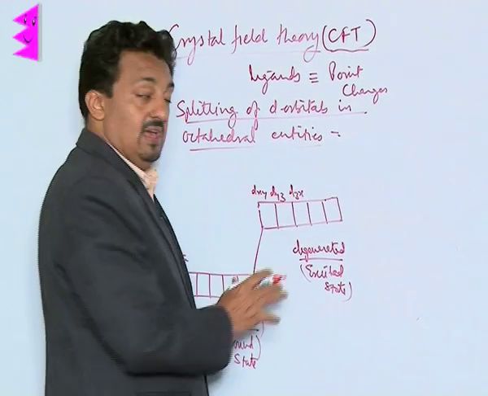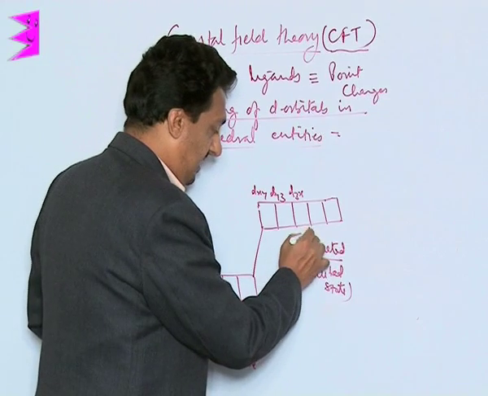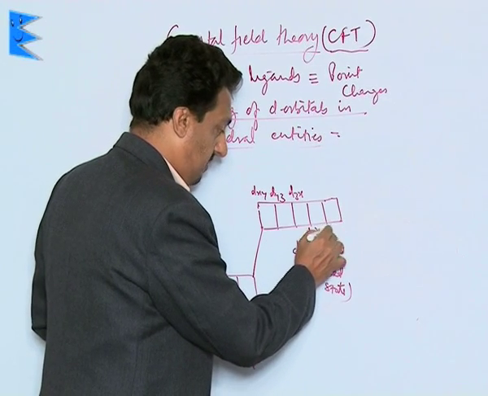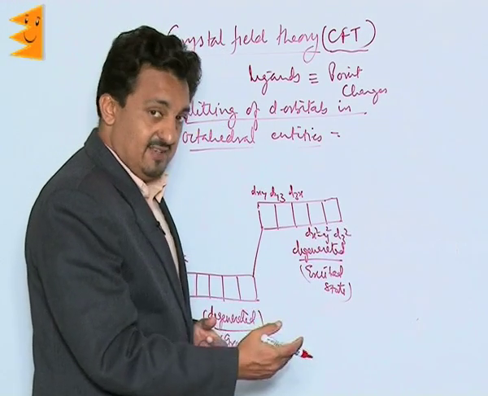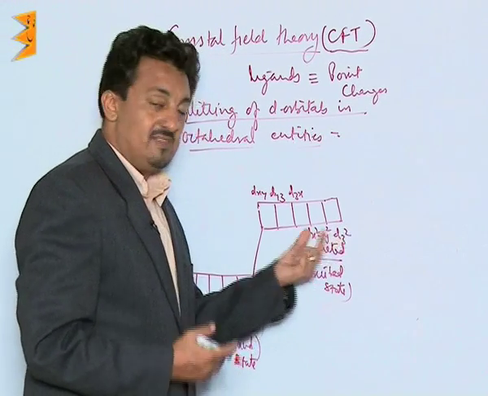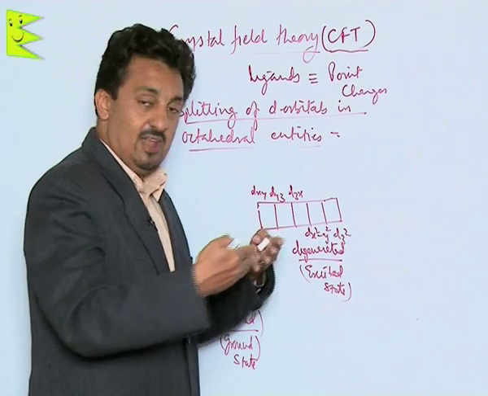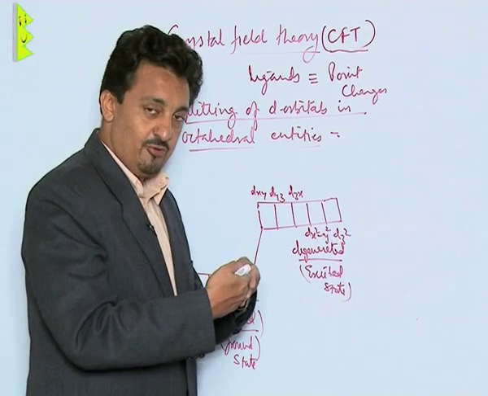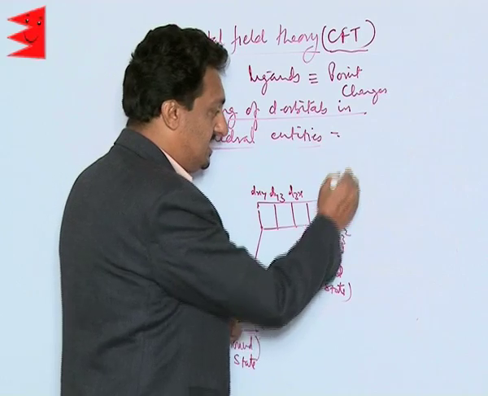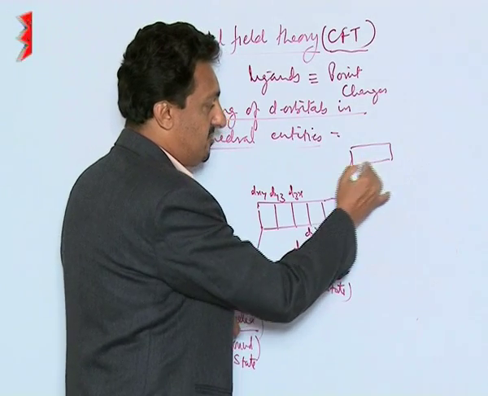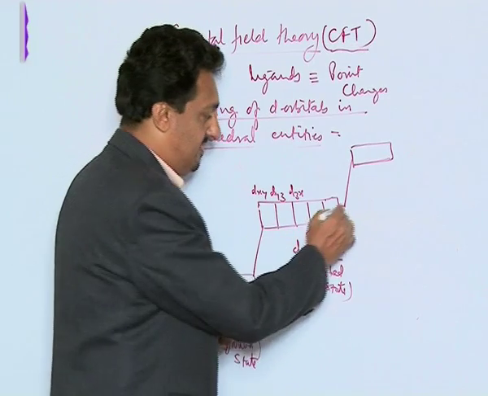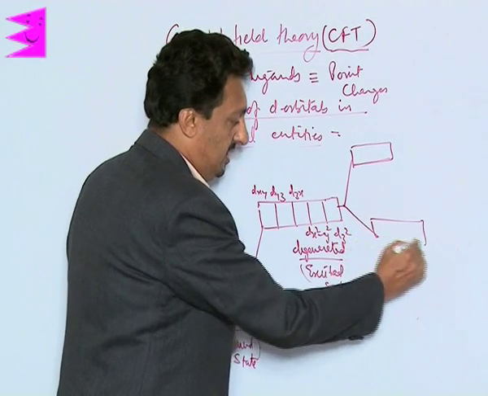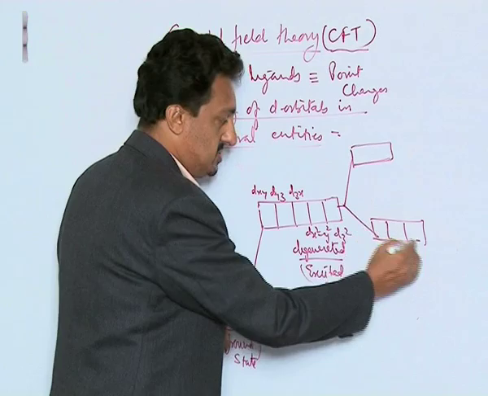Now we know that out of these five, dxy, dyz and dzx are present in between the axis, whereas dx square minus y square and dz square are present along the axis. These two orbitals which are present along the axis get a head-on overlapping or collision with the approaching ligands. So their energy gets increased and they reach a higher energy level, whereas the energy of these 3 orbitals lying in between the axis gets lowered, so they acquire lower energy like this.